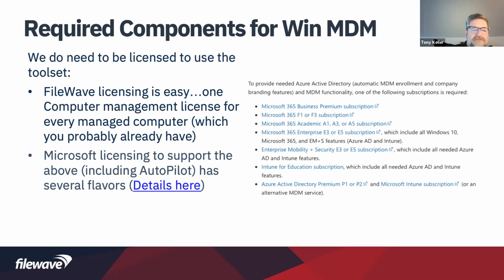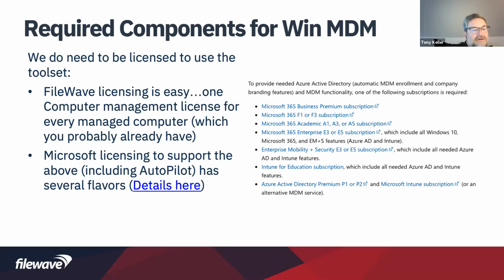From a Microsoft side, studying tax law is probably about as easy as understanding Microsoft licensing. So I'm not going to attempt, and I don't think we'll have anybody from FileWave argue that we need to interpret Microsoft licensing for you, but we'll try to help as best as possible. So I've got a link here in this slide deck, and we'll share the PDF version of this, or I can send you the link, if you want to email me, to this page where the snippet on the right is taken from on the Microsoft side about what you need.